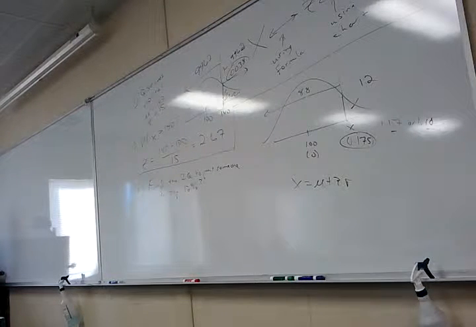I think that's what we were doing earlier. Does that make sense? I want to find the middle 70%. What two IQs tell me if you're between those two, you're in the middle 70% of all IQs? Cool?